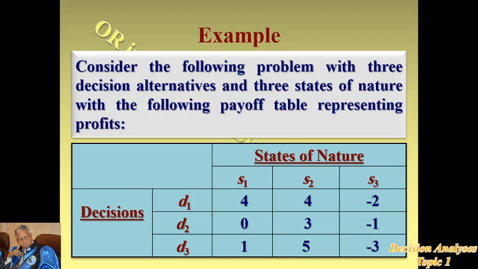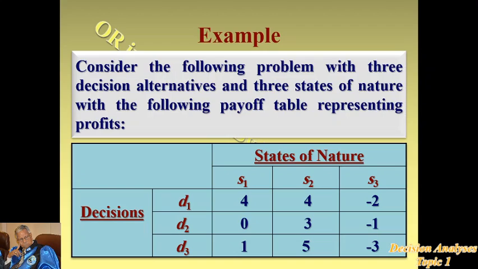By using this payoff table, the optimistic decision maker will make his decision according to the optimistic approach. The conservative decision maker will make his decision according to the conservative approach.